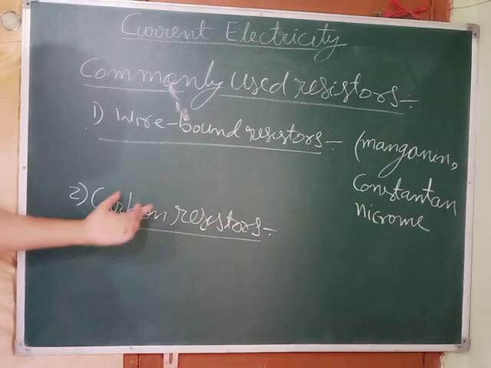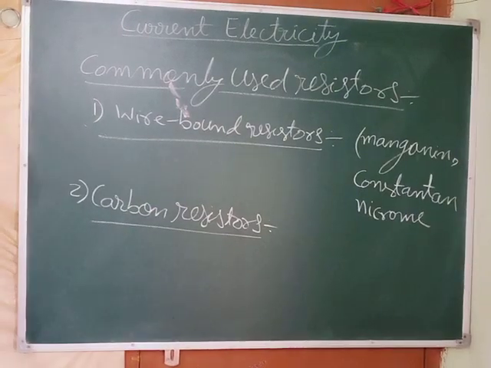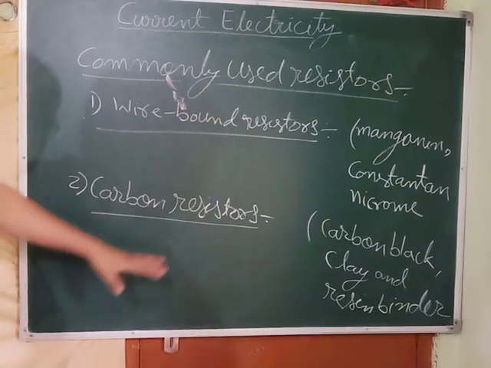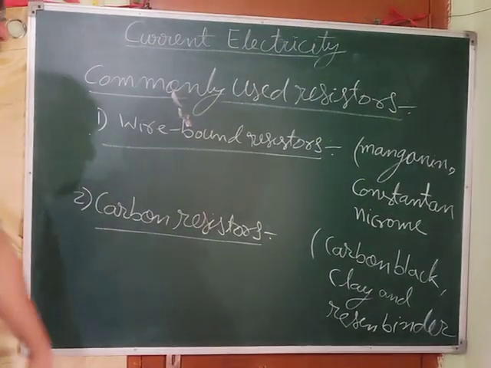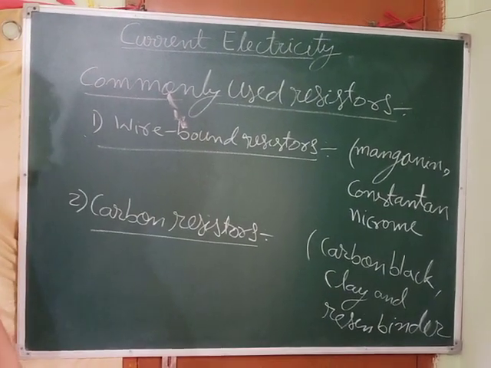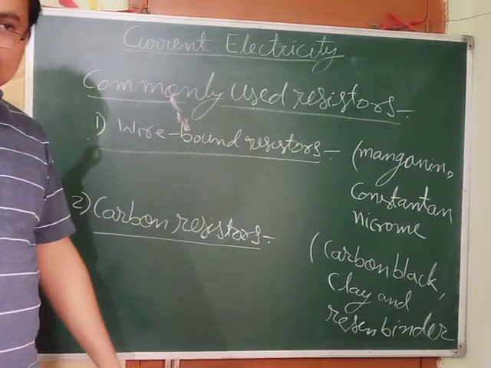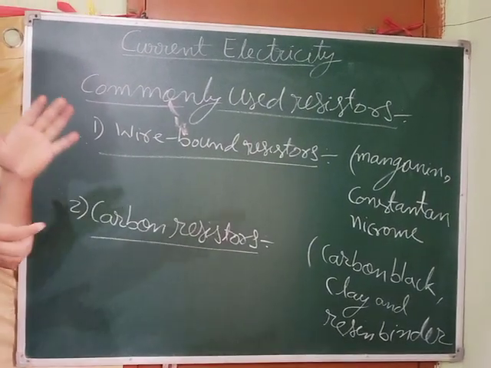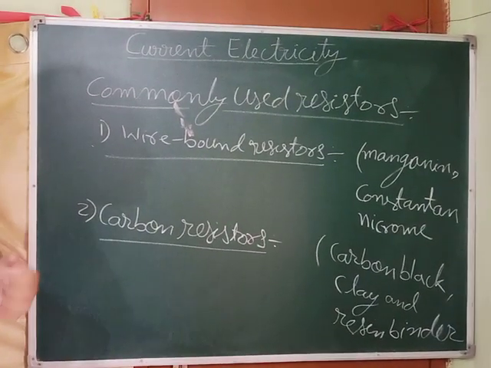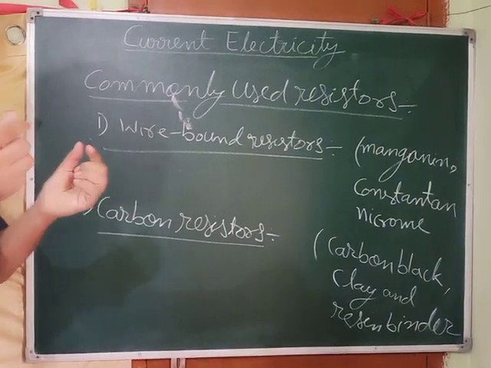Okay, so next we have carbon resistors. Just note it down. See how carbon resistors are made. Start writing: carbon black, clay and resin binder are pressed together and then heated to make it rod shaped.